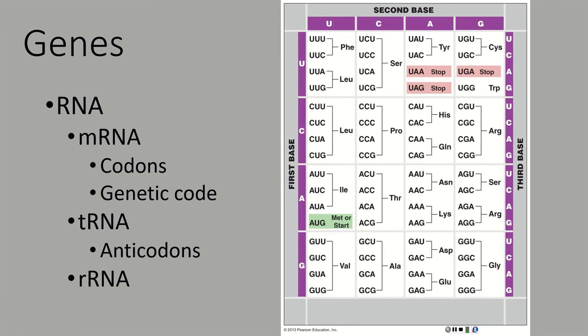Messenger RNA is the RNA that carries the instructions of DNA. mRNA is what we make off of the DNA when we're going to make a protein. And the way that we do that is we take the double-stranded DNA and we unzip it.